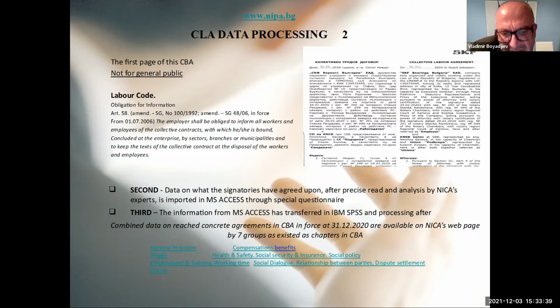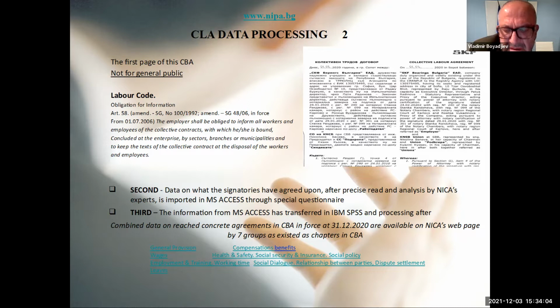And the second stage is about the agreed clauses in the CBA. The data on what the signatories have agreed upon, we put in our information system through a special questionnaire.